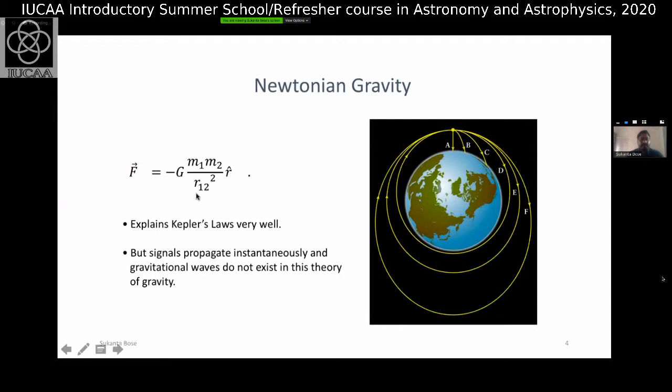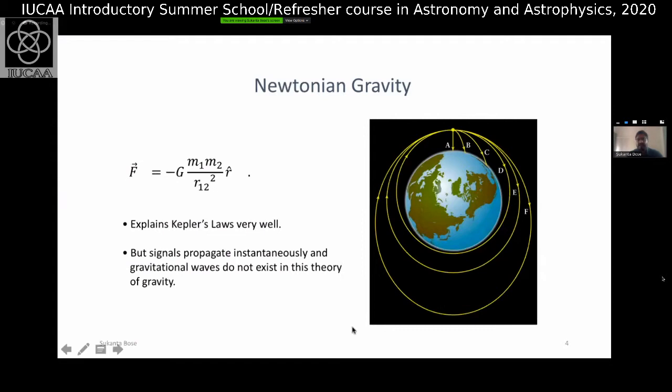There are limitations of this theory. For example, Newton's law of gravity would have us believe that signals in this theory propagate instantaneously, which means that if you suddenly could make the Earth disappear totally, then the satellites orbiting it would know about it instantly and would change their orbits instantly.